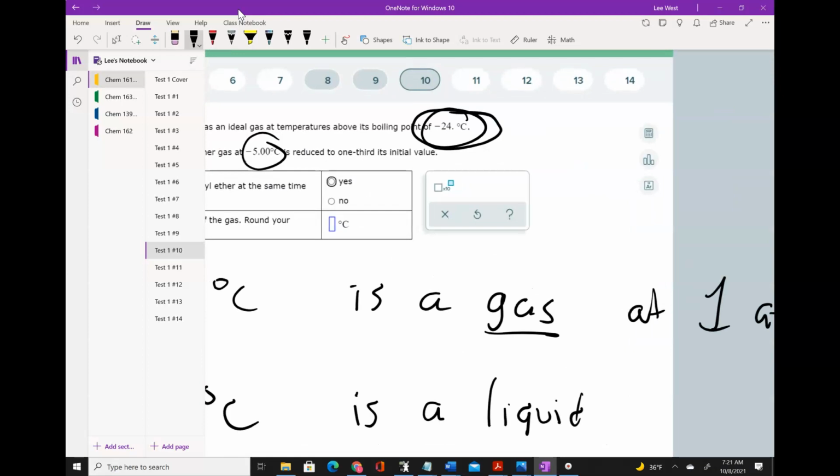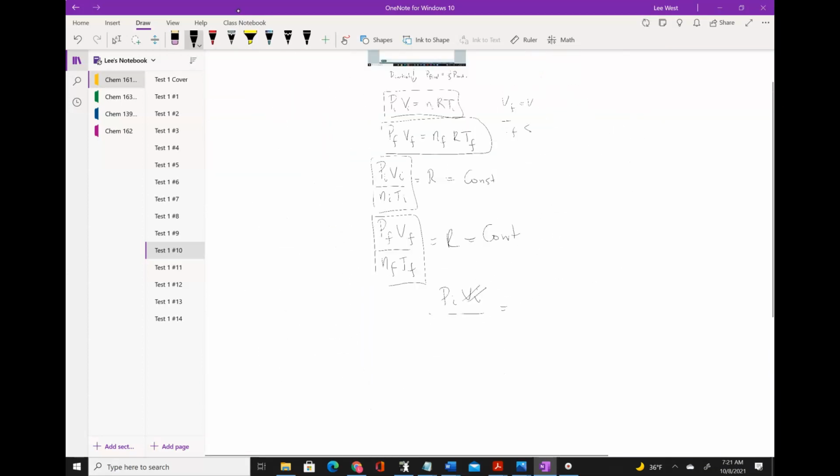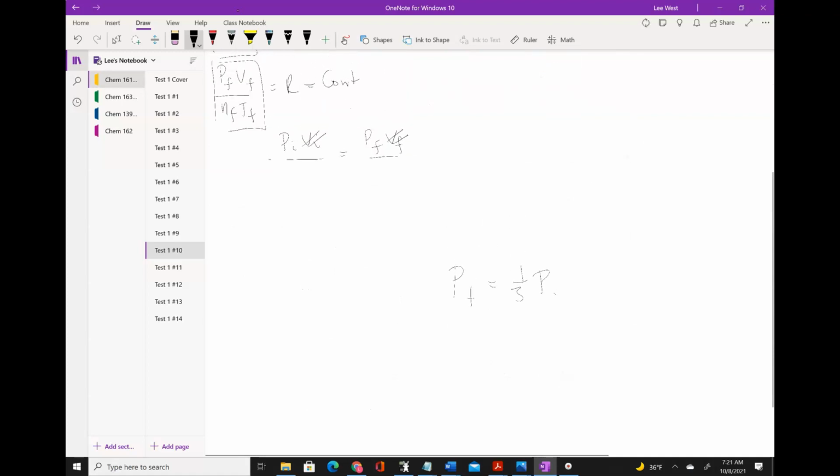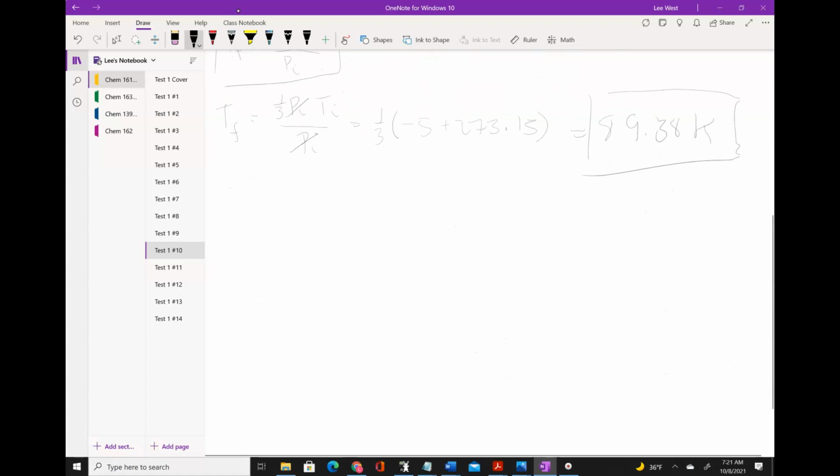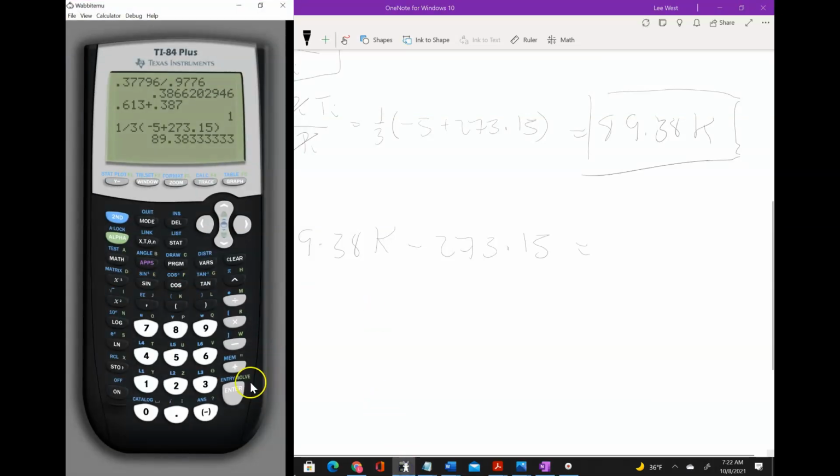So now what I need to do is go back into Celsius and compare it to that number. Now, it's not going to be, right? So 89.38 Kelvin minus 273.15, enter.